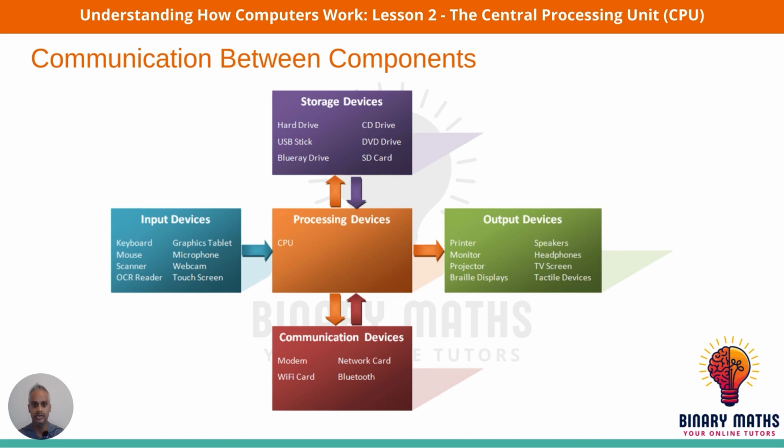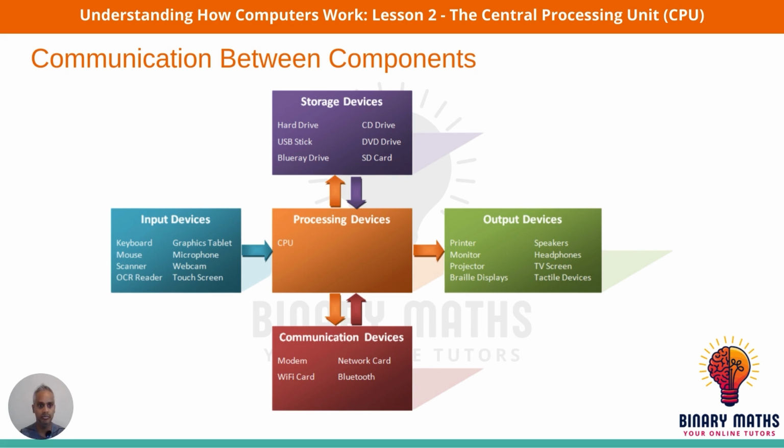It also interacts with storage devices like the hard disk drive and SSD to read and write data. Input devices send data to the CPU, which processes it and sends the results to output devices. The flow of data ensures that all parts of the computer work together seamlessly.